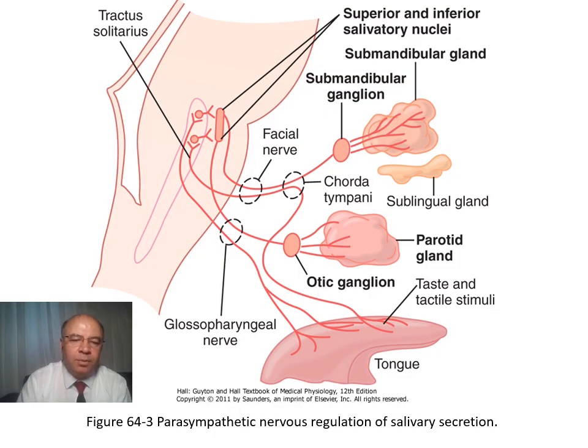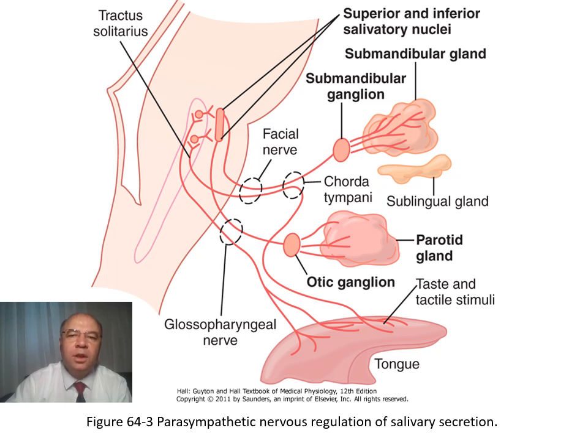Here you see the parasympathetic nervous regulation of salivary secretion. We have submandibular, sublingual, and parotid salivary glands and the tongue. So we have tractus solitarius here, and nervous connections.